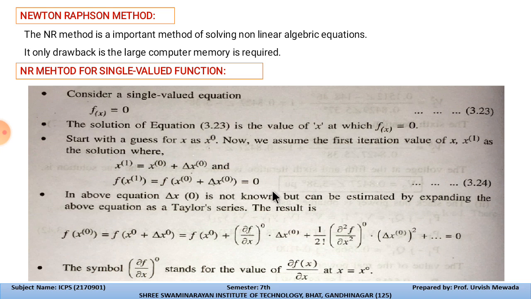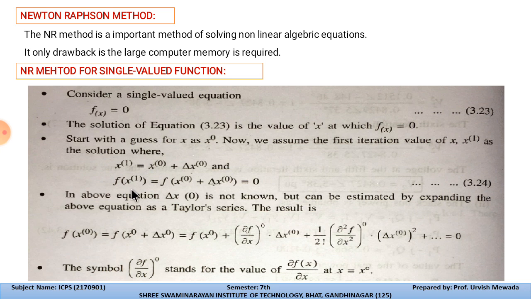Then we assume x raised to 1 as the solution, and if we do not get the desired output, we can extend the number of iterations until we do. So x raised to 1 is equal to x raised to 0 plus delta x raised to 0. This is the formula to find the iteration x raised to 1.